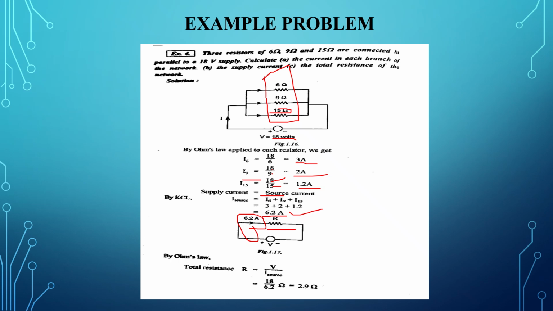What is the resistance value here? So the total resistance R is equal to V by I. We know the total voltage across the circuit is 18 volts and the total current is 6.2 amps. The resistance is 2.9 ohm. So these three resistances can now be simplified as one single resistance, 2.9 ohm.